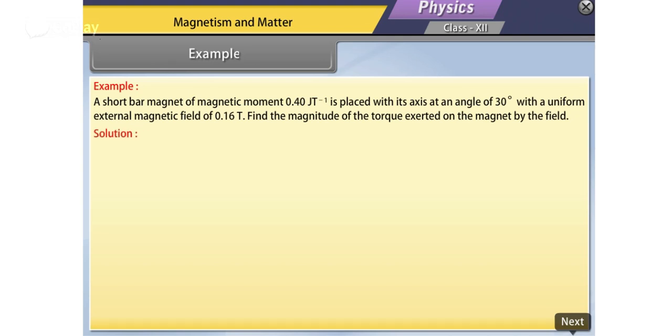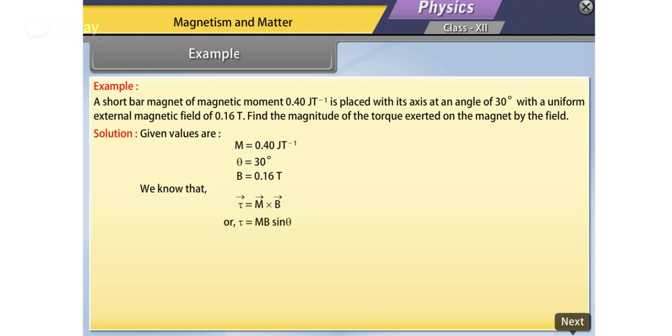Let's see the solution. Here the given values are m equals 0.40 joule per Tesla, theta equals 30 degrees, B equals 0.16 Tesla. We know that τ equals the cross product of m and B, or in terms of magnitude, τ equals mB sin θ.